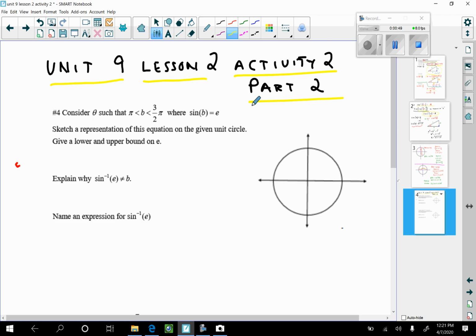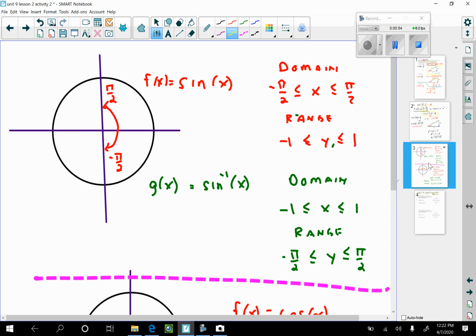Before I do these problems, I want to again refresh your memory about sine of x and the inverse of sine of x. This is the unit circle approach, and we've been using the unit circle approach a bunch.